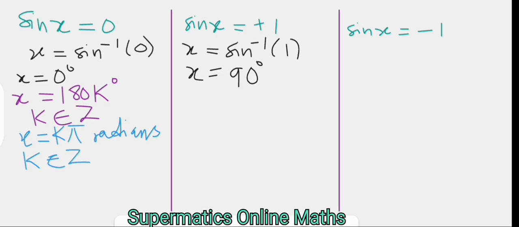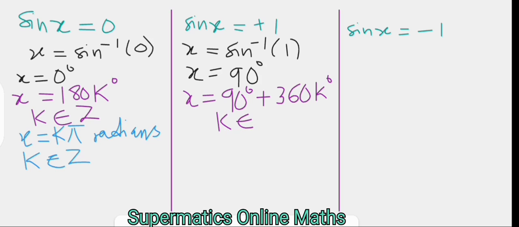Therefore, in degrees, we can write generally that x is the sum of 90 as the starting angle and 360k degrees, where k is an integer. Or in radians, we can write that x is 90, which is pi over 2, plus 360, which is 2 pi, that is 2k pi in radians.